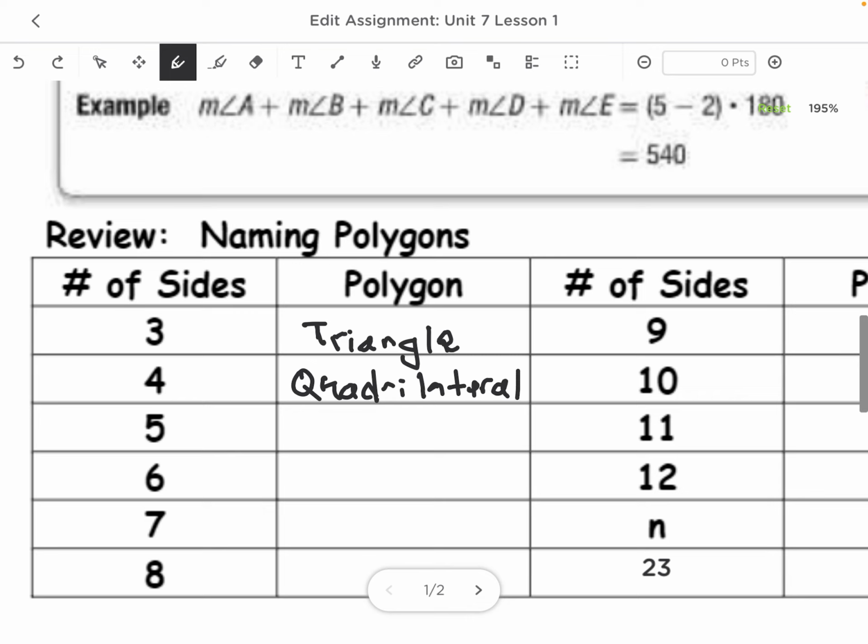Quadrilateral. 5-sided figure is a pentagon. Something with 6 sides is a hexagon. Seven is a heptagon.